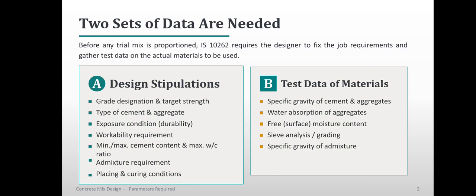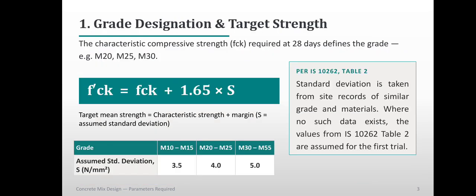Under test data of materials, we need specific gravity of cement and aggregates, water absorption of aggregates, free surface moisture content, sieve analysis or grading details, specific gravity of admixtures to be used. Let us discuss each parameter one by one.